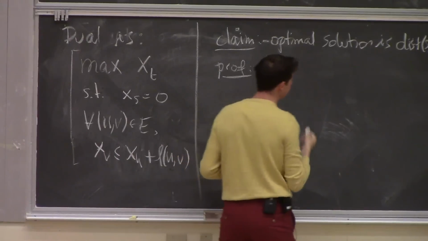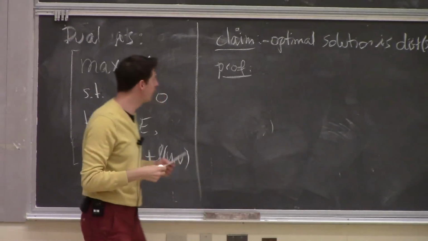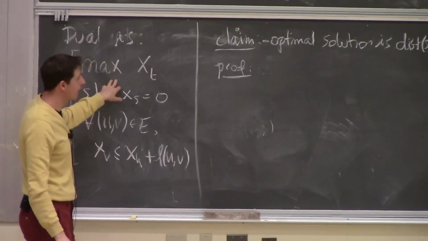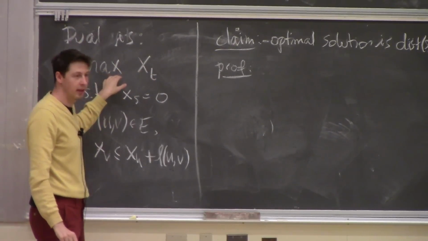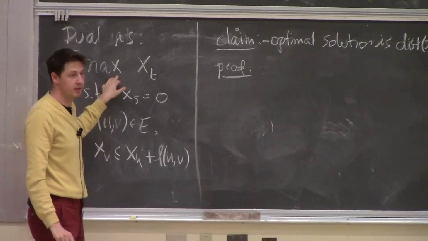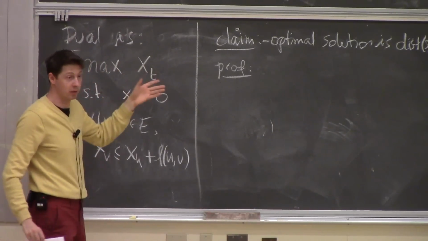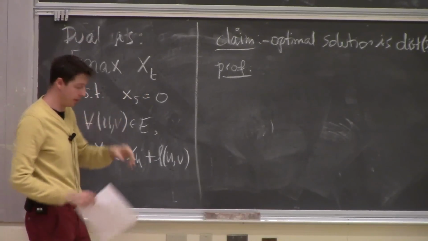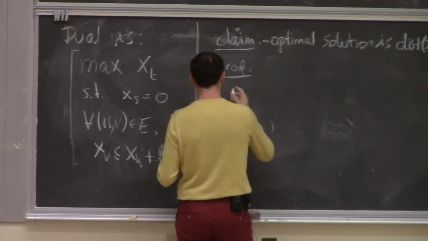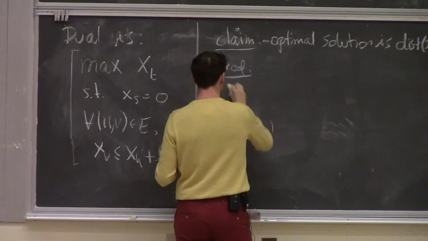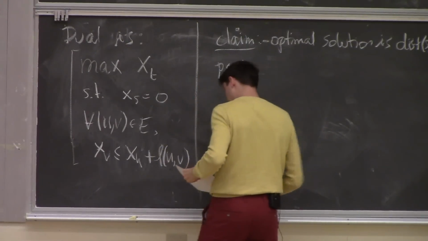If we want to prove that, we have two things to do. We have to prove that the optimum is at least the distance between S and T, and separately that it is no more than the distance between S and T. That's one way to prove that it's equal to the distance between S and T. Okay? So let's first prove that this thing stops writing properly.